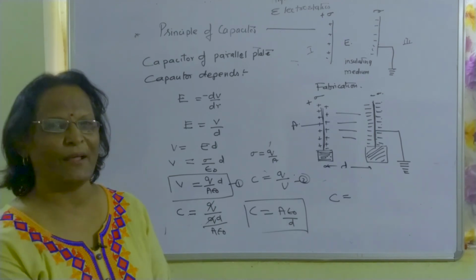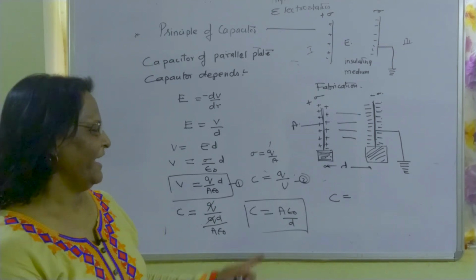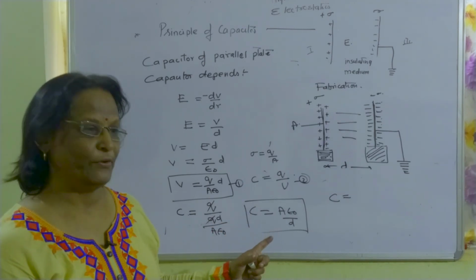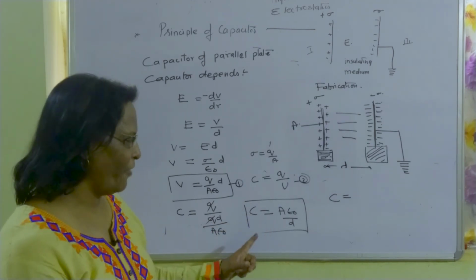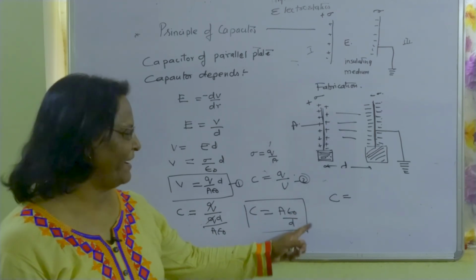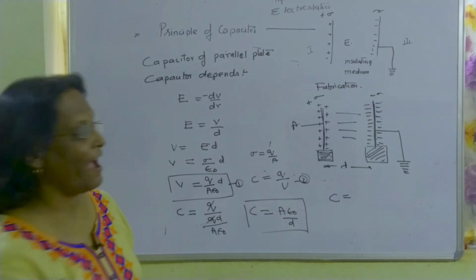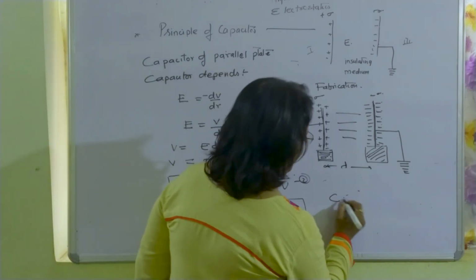It does not depend on the amount of charge supplied. Then on what factors does it depend? It depends upon the area of the plate, epsilon 0, and the distance between the plates. What does this reveal? The capacitance depends on the dimensions.